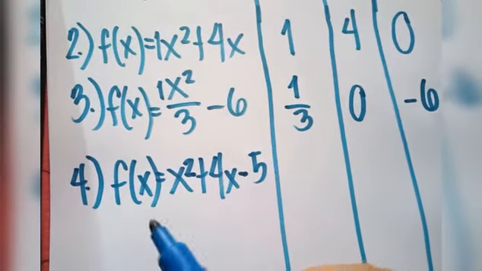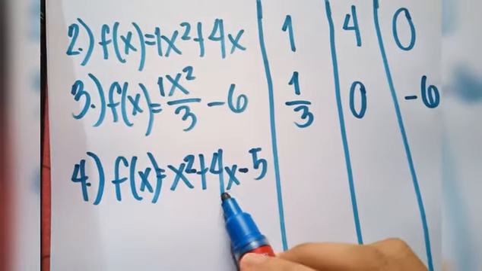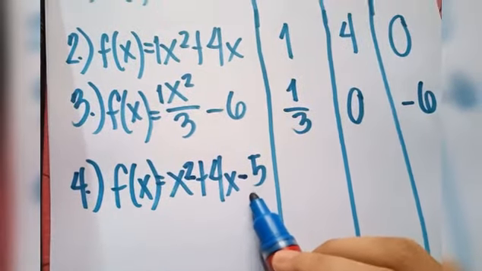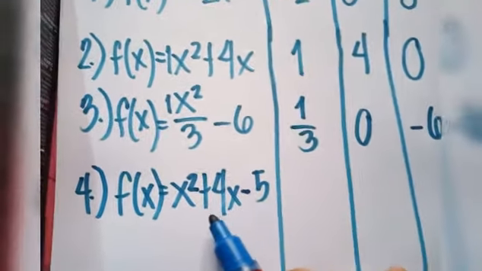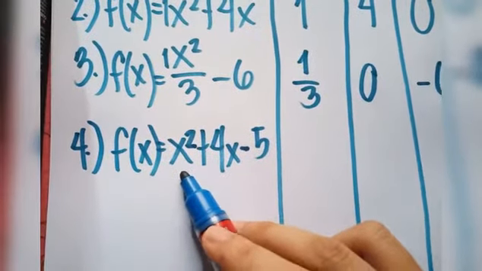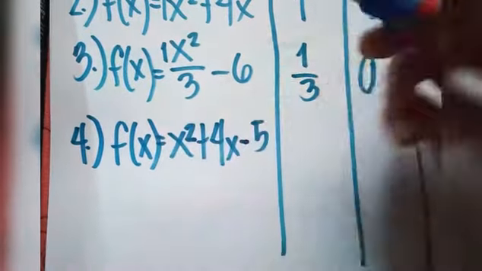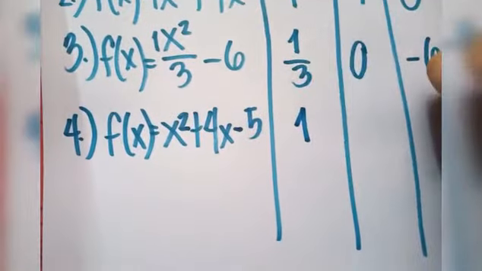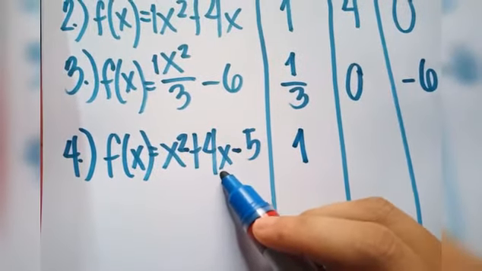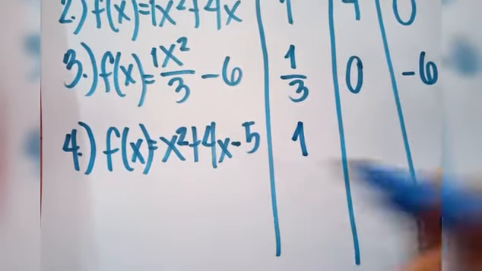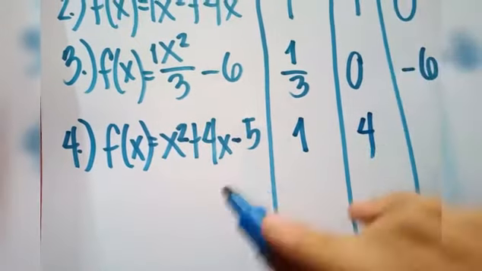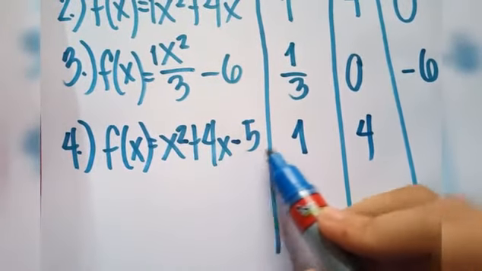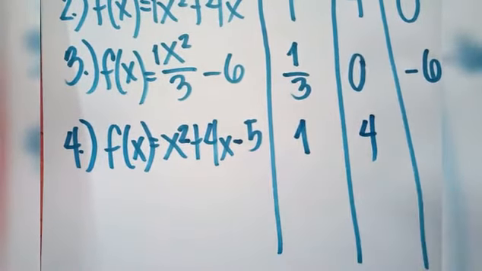So, meron tayo ditong quadratic term, meron tayong linear term, and meron tayong constant. So, yung ating magiging a dyan ay yung ating quadratic term, which is meron tayong invisible 1 dito. So, we have 1. The next, yung ating linear term na magiging value ng ating b ay 4. Then, we have the constant or yung value ng ating c, which is negative 5.